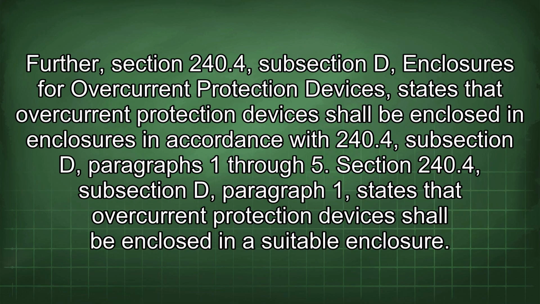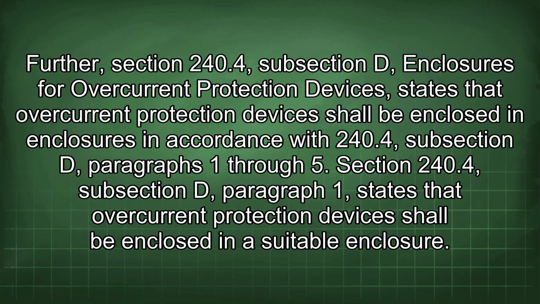Further, Section 240.4, subsection D, enclosures for overcurrent protection devices, states that overcurrent protection devices shall be enclosed in enclosures in accordance with 240.4, subsection D, paragraphs 1 through 5.